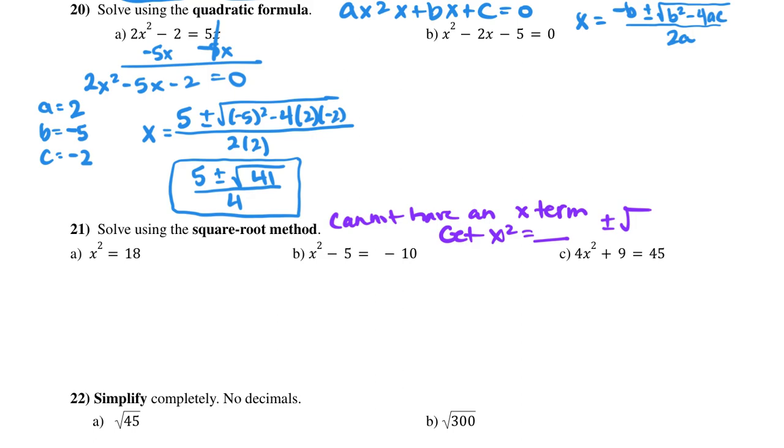Taking a look at b, we're trying to get x squared by itself, which means I'm trying to get rid of this negative 5 right here. So to get rid of a subtract 5, I would add 5 to both sides of my equation. And so I'm left with x squared on the left because that canceled out. Negative 5 plus 5 is negative 5. My next step here would be to square root both sides. And I would add my plus or minus here.